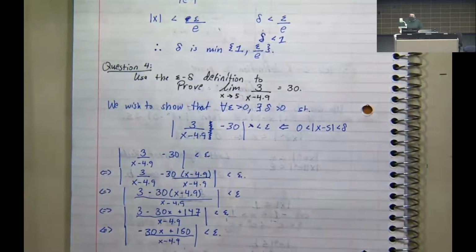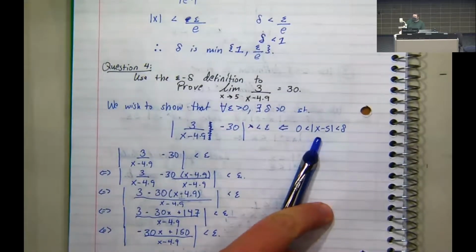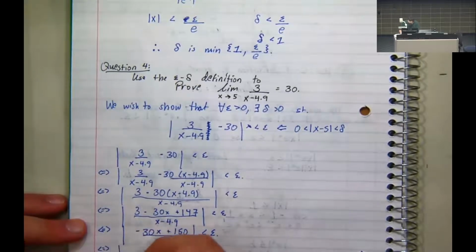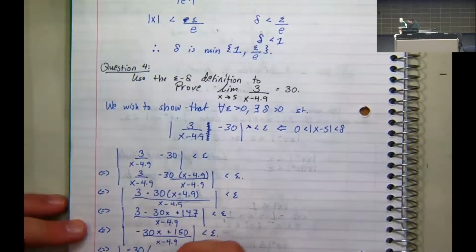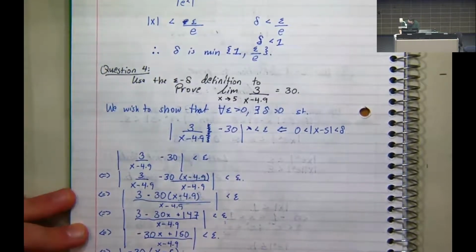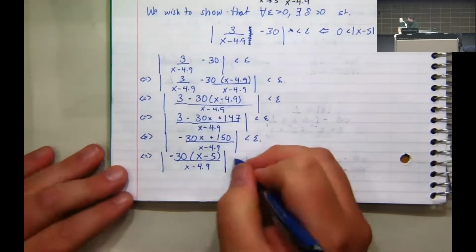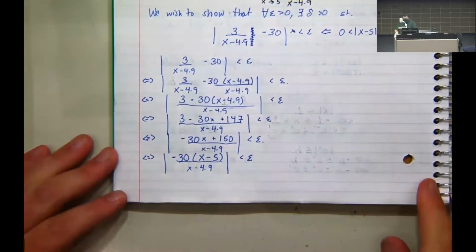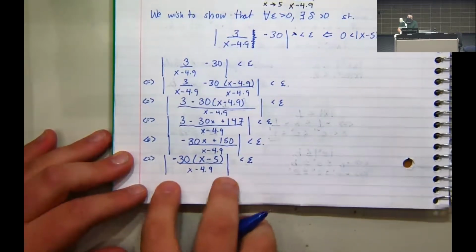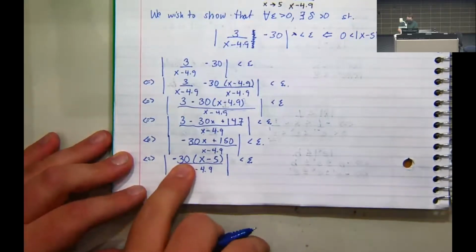And so now I'm going to factor out a negative 30. If I do that, I'm going to find an x minus 5, which is my goal. So that gets us to minus 30 times x minus 5 over x minus 4.9 is less than epsilon. And so I have a negative 30 in here. If you have a negative value within the absolute value bars, it's just going to become positive because all you care about is the magnitude of the number.